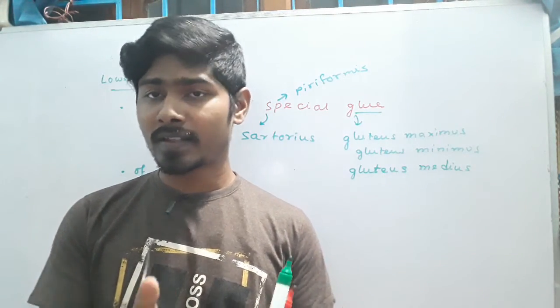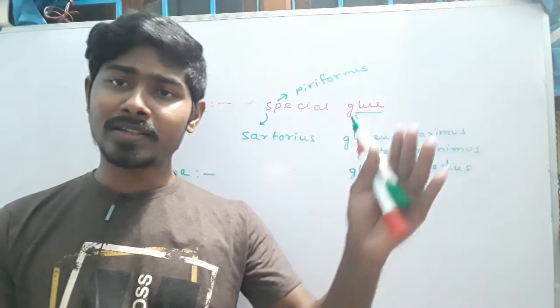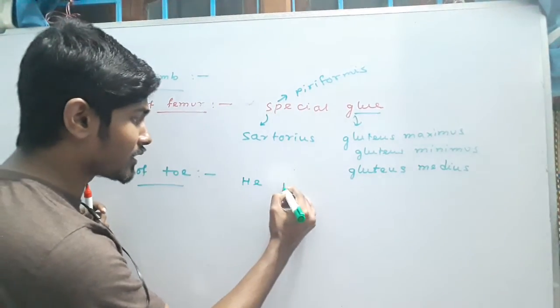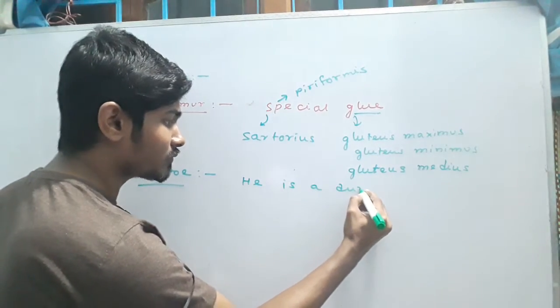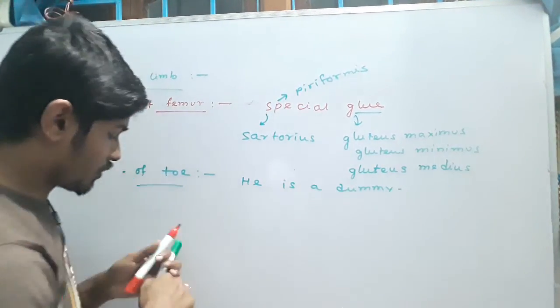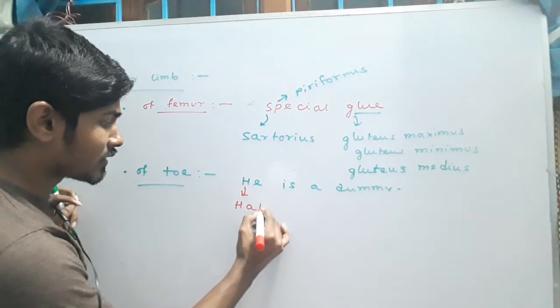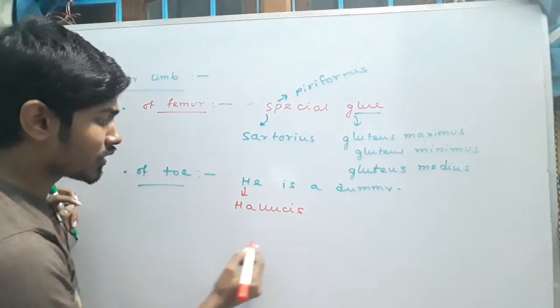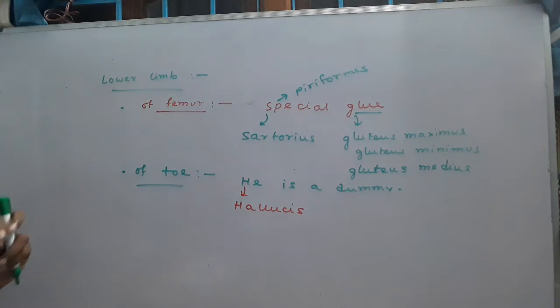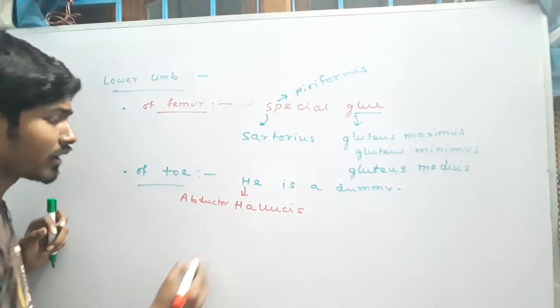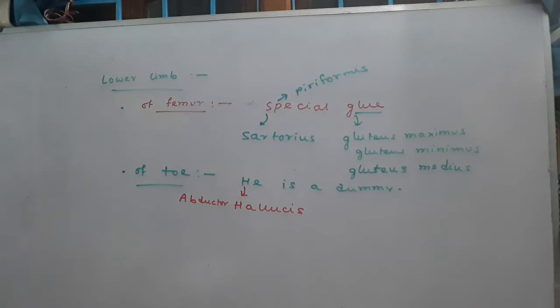Okay, so dummy means stupid. So he is a dummy. H means hallucis. Okay, and as it is an abductor, we can call it abductor hallucis. Abductor hallucis, one of the muscles, has been written here.